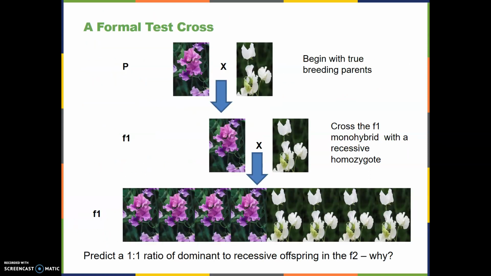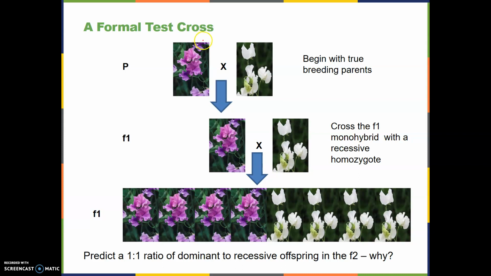A formal test cross really can only be done in very simple animals, but mostly you would just do a test cross with plants. A formal test cross would be where you have an individual with a dominant phenotype.